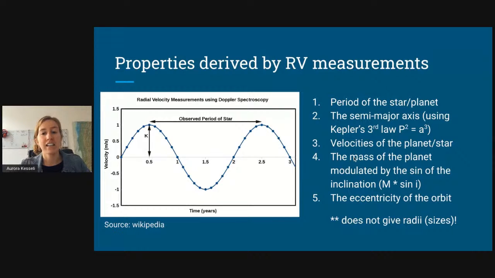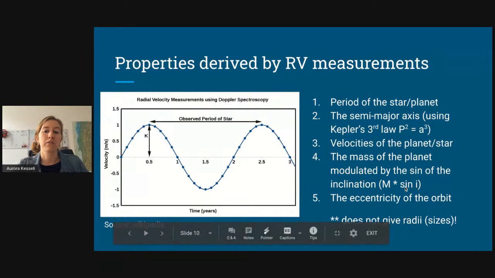And then lastly, you can plug these things into the center of mass equation and find the mass of the planet. But because we still have this sine of the inclination from the star's velocity, if we don't know the inclination of the system, we're going to get the mass of the planet times the sine of the inclination.